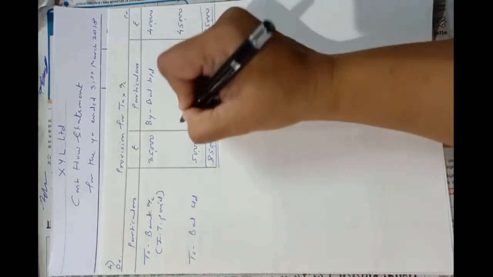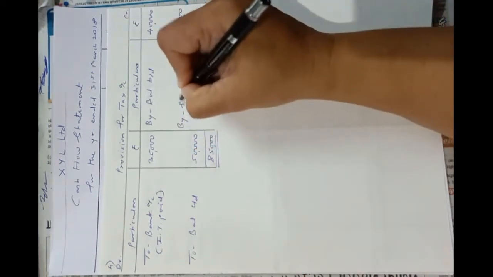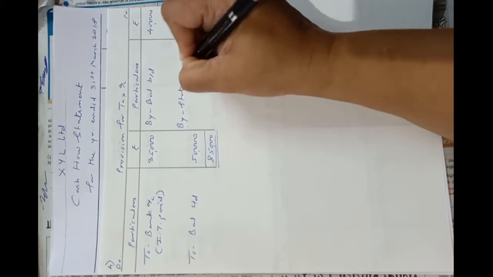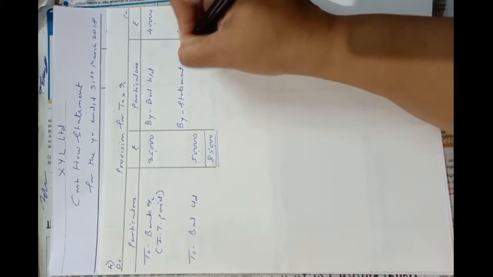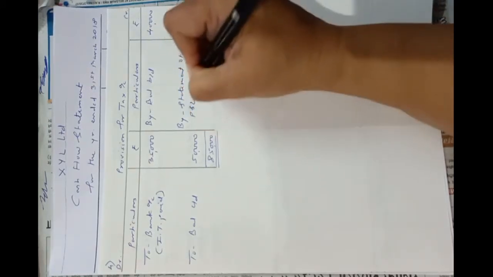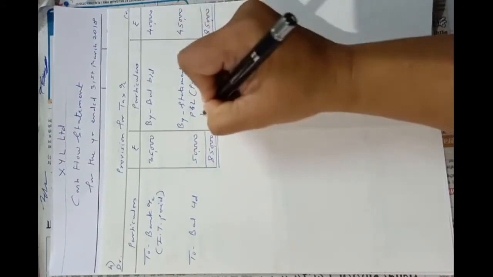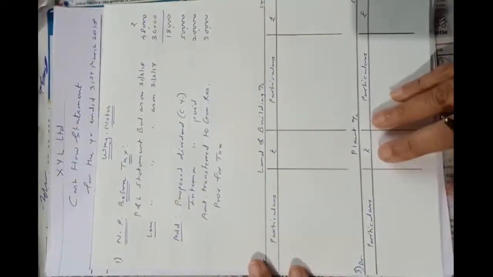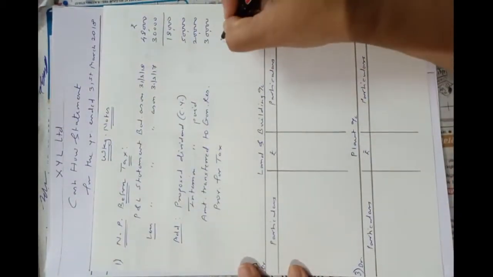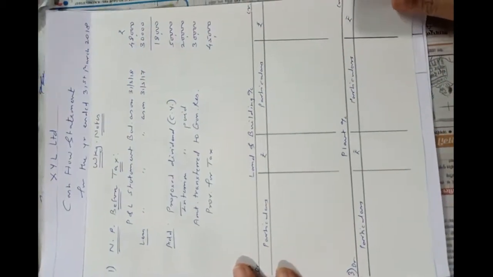So by statement of profit and loss, provision made in current year, rupees 45,000. Okay, so here in this net profit before tax we have to add 45,000 here. 45,000, understood?